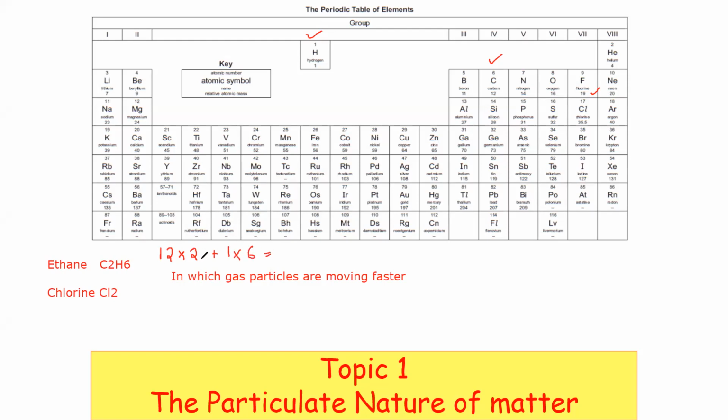So 12 multiplied by 2 is 24, and 24 plus 6 equals 30. What about chlorine? Each chlorine is 35.5. How many chlorine atoms are there? 2. So 35.5 multiplied by 2 makes the total sum 71. So it means ethane is lighter and chlorine is heavy. So ethane will move faster and chlorine molecules will move slower. Is it clear?